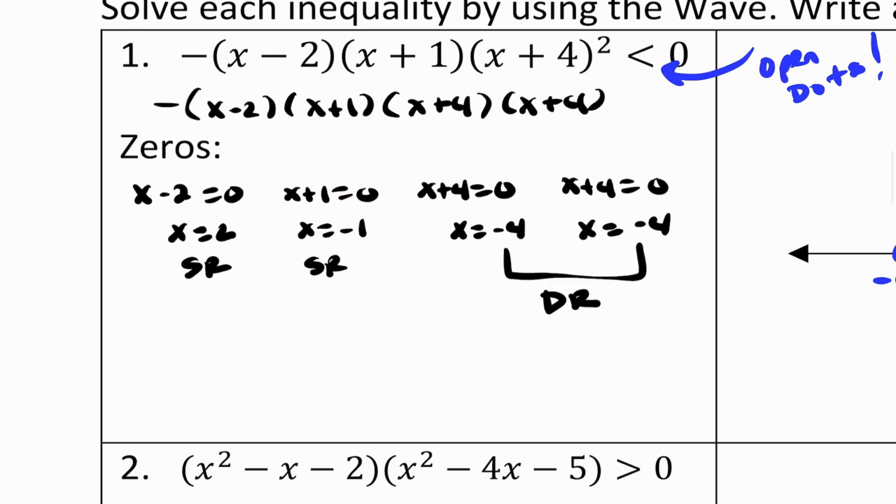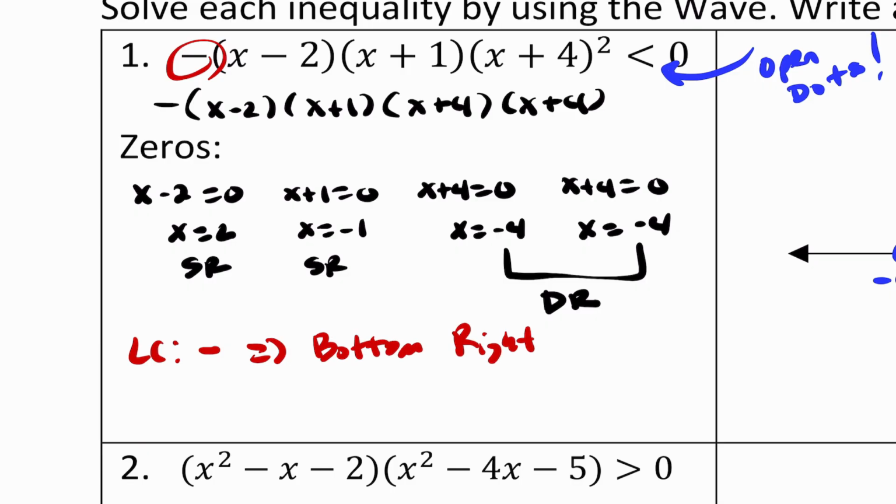Because the leading coefficient is negative, that means we need to start bottom right. Okay, so whenever you're applying the wave rules, we always start on the right. It's just you have to figure out if you need to start above or below, right? So the leading coefficient is negative, you start bottom right.